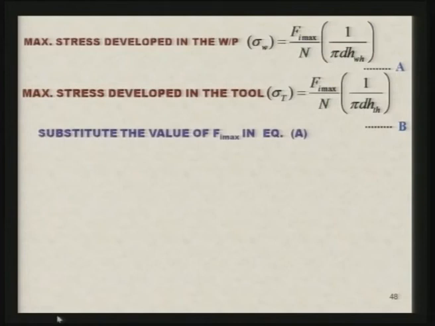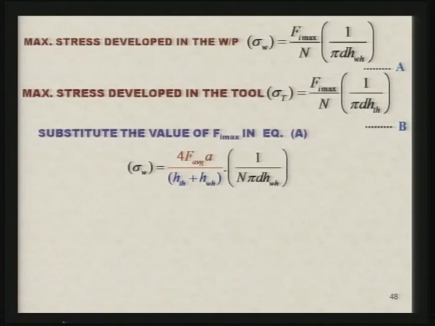Now, substitute the value of F_i maximum in the above equation A, then you get the stress sigma_W in the workpiece, that is 4 F average A divided by (h_T + h_W) multiplied by 1 over N pi d h_W.